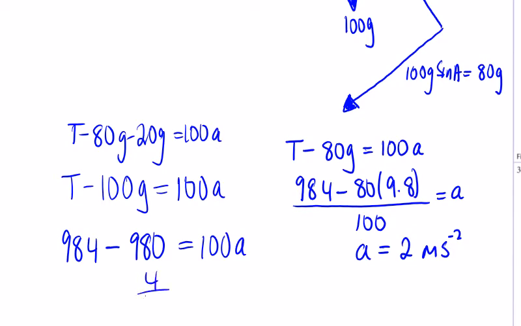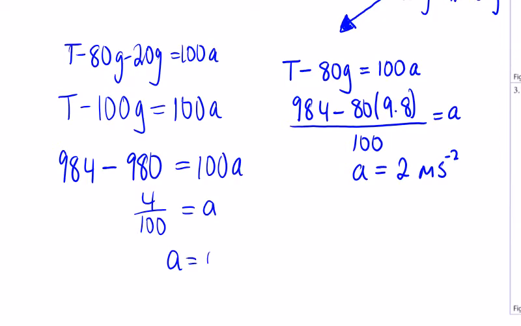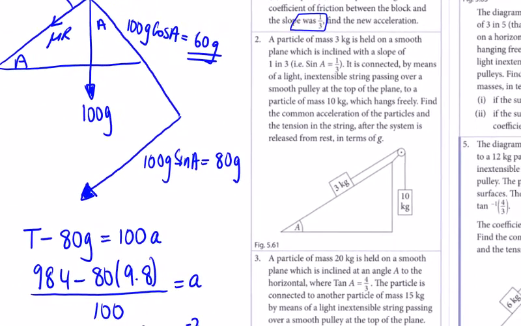So 4 over 100 is equal to A. So A is equal to 0.04 meters per second squared.